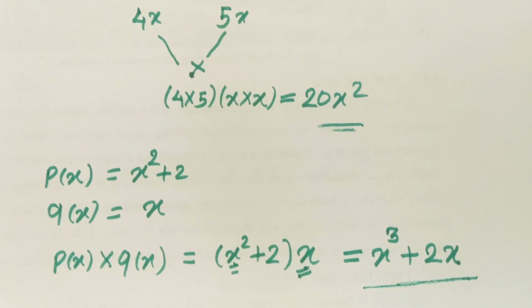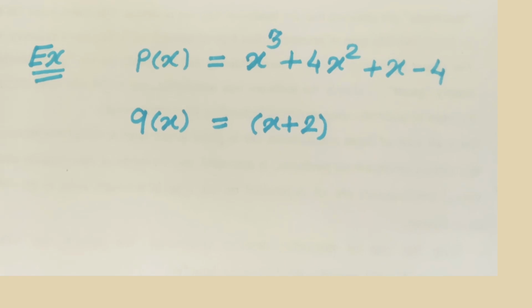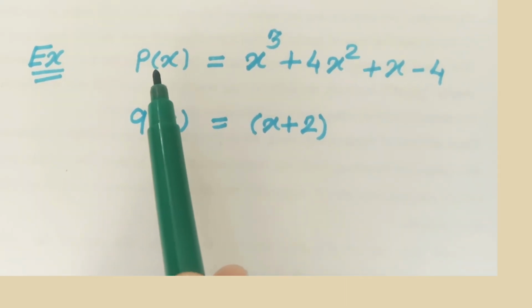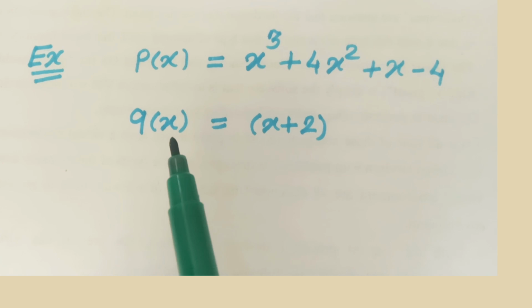Now next we see how to divide two polynomials. Division of polynomials: we see how to divide two polynomials with the help of an example. Here I have taken two polynomials. One is p of x equals x cubed plus 4x square plus x minus 1, and the second polynomial is q of x equals x plus 2, and we want to divide p of x by q of x.